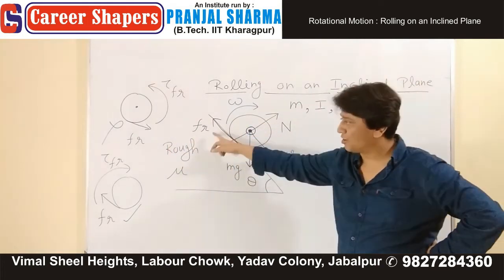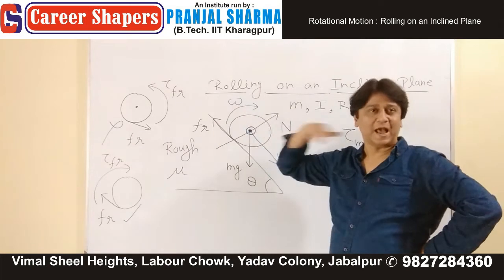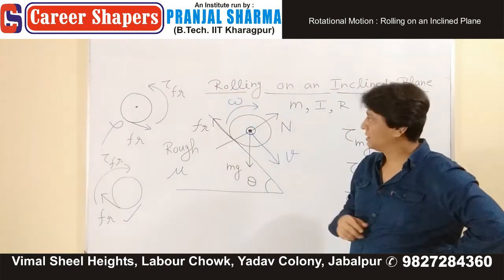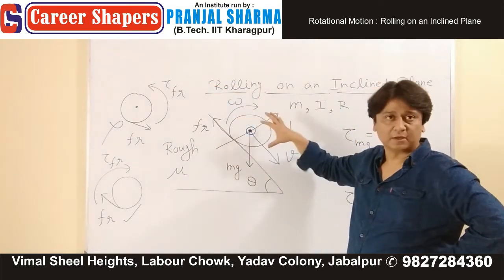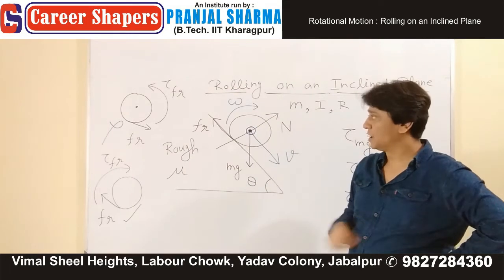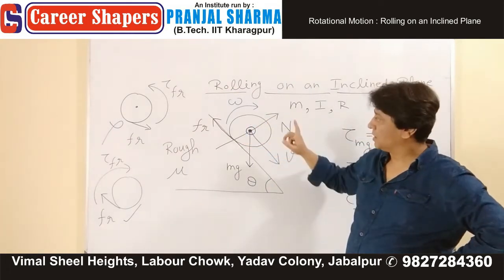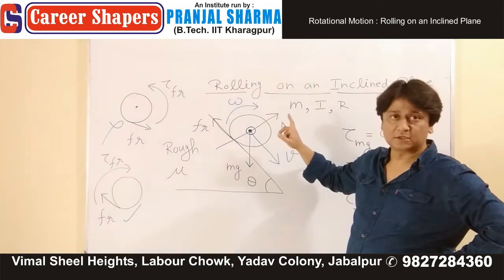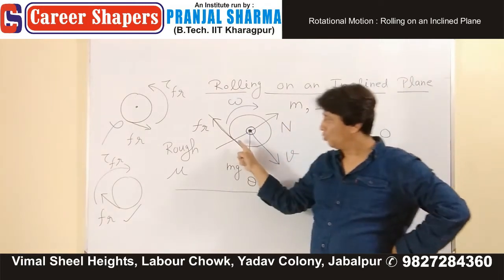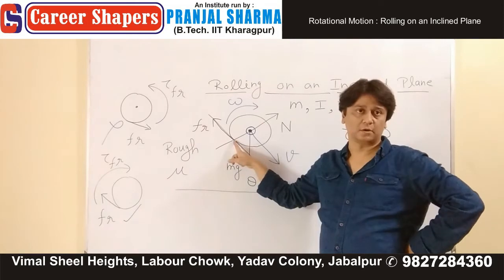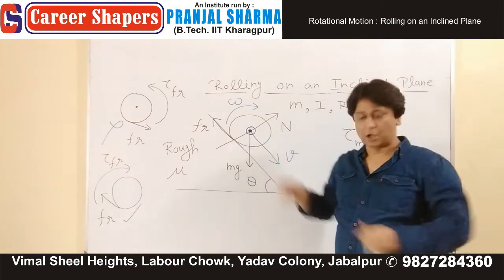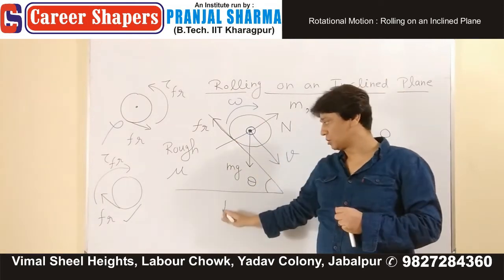decide direction of friction for any body, especially in the case of rolling. This rolling means motion of the contact point. And right now we are interested in pure rolling.